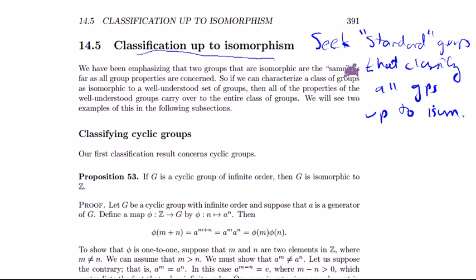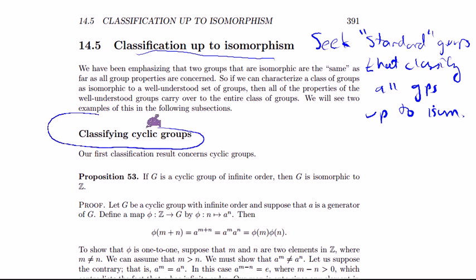For instance, if there's a group that I know very well, and I can show another group is isomorphic to that group, I can say, well, now I understand that other group because it's exactly the same as this group that I know. Let's see how this process works.